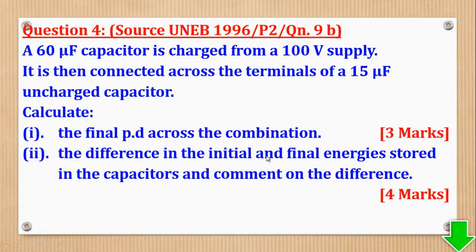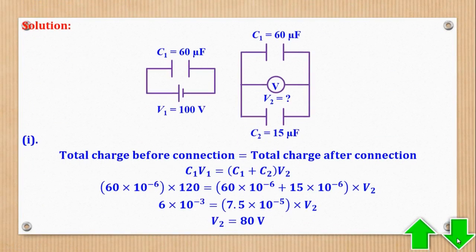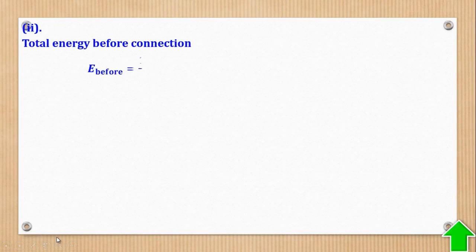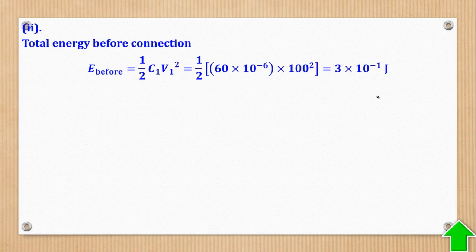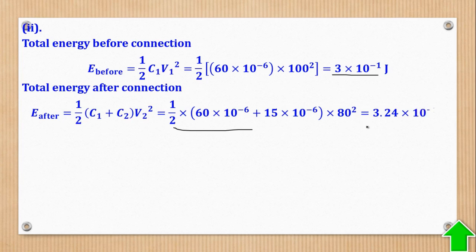Roman 2, they wanted the difference in the initial and final energy, and comment. So total energy before connection, quote the formula, substitute, use a calculator to give you this. Then also total energy after connection, quote the formula, substitute, use a calculator.